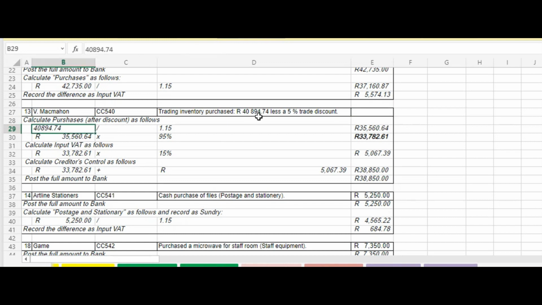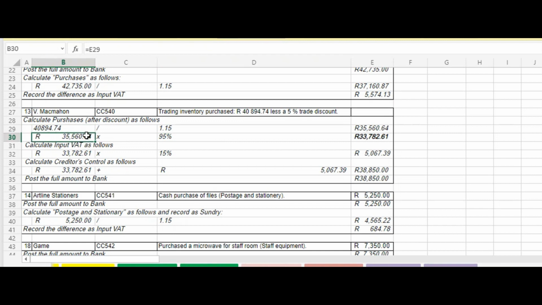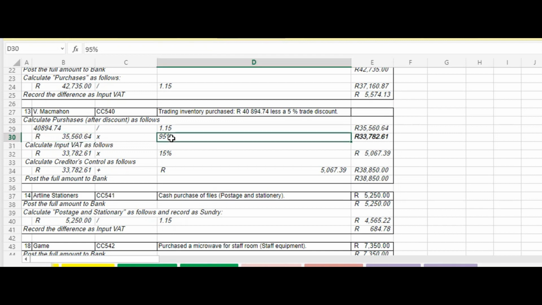We take the amount given. We divide it by 1.15 to take out the VAT, and then we multiply that by 95%. Why 95%? Well, if we get a 5% trade discount, we are only paying 95% of the original price, because 5% and 95% add up to the whole thing being 100%.